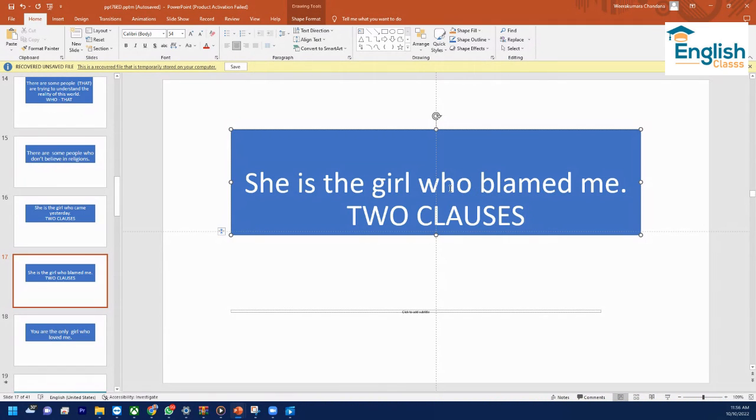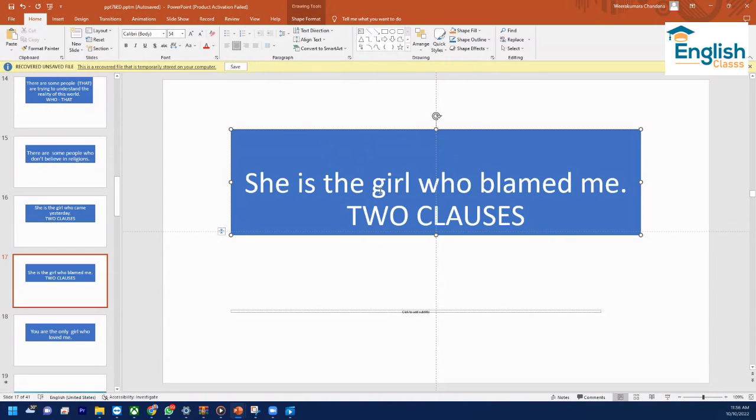In the relative clause, we use the relative pronoun who instead of the noun the girl. The word who, the relative pronoun who, represents the noun the girl.